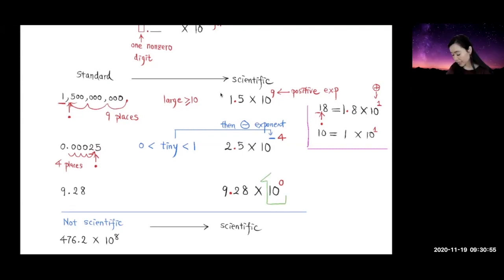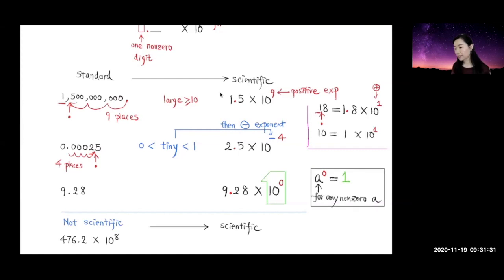Last time we talked about any non-zero quantity A raised to the 0 power is equal to 1.